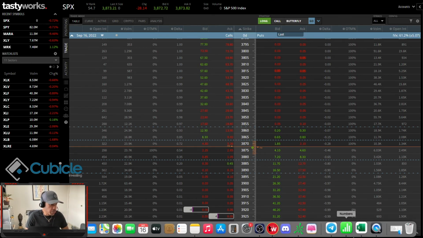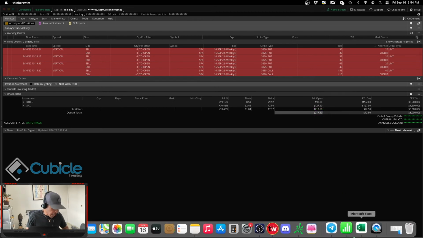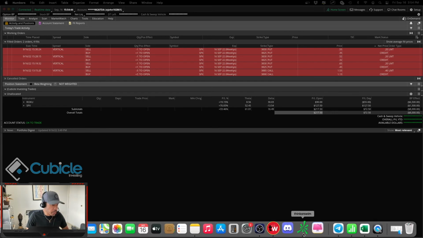But nevertheless, I do have 2 other trades on in my Thinkorswim account. As you can see here, those are working as well. So right now I'm looking at a credit of $225, or a profit of $225. So that'll be added to what I've made for today.